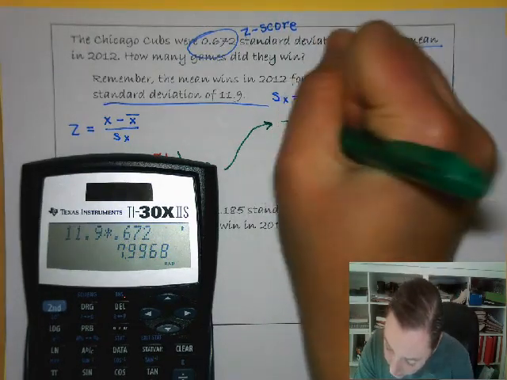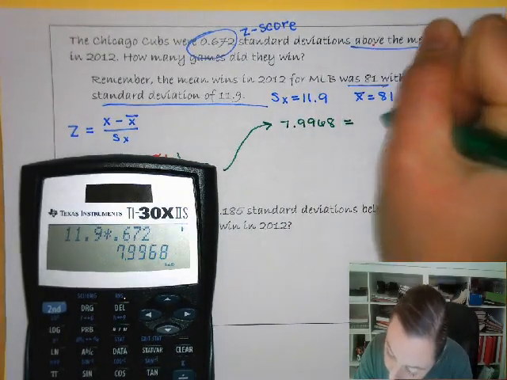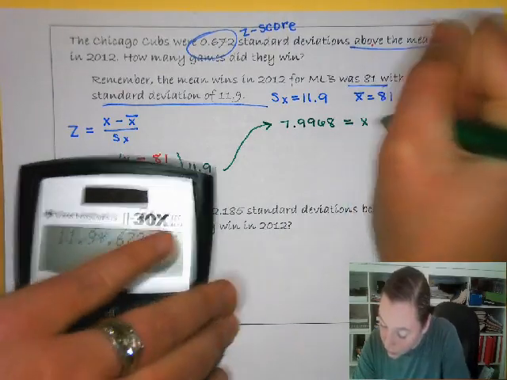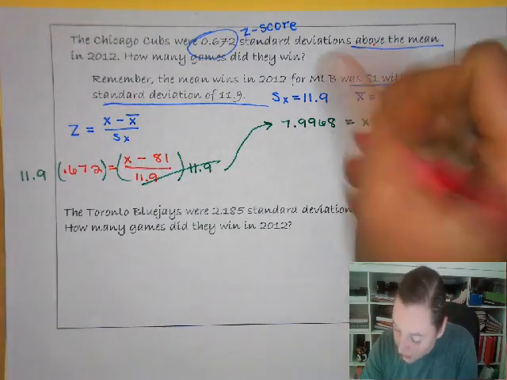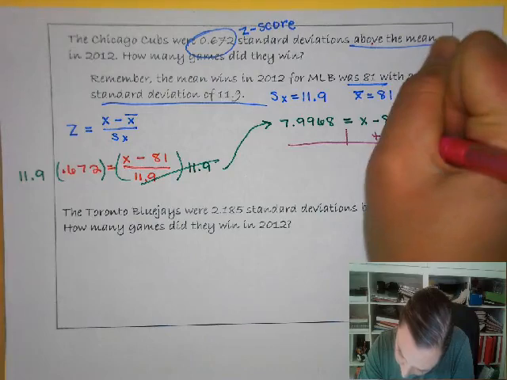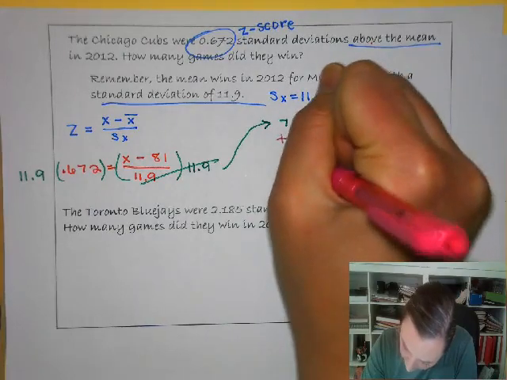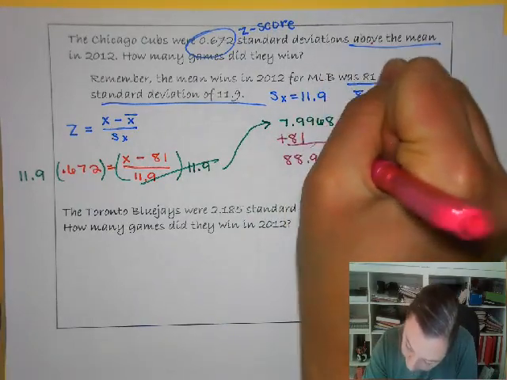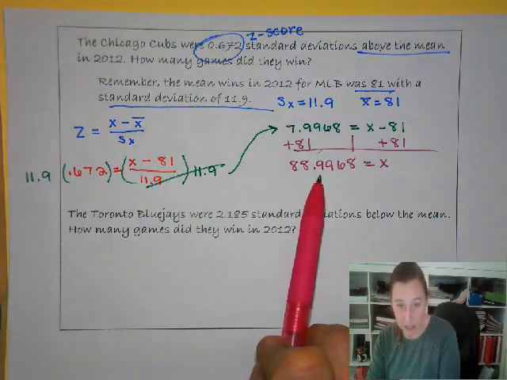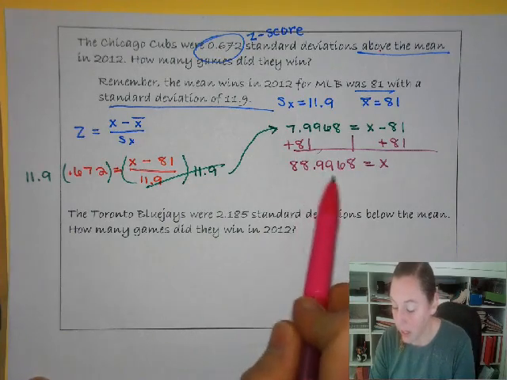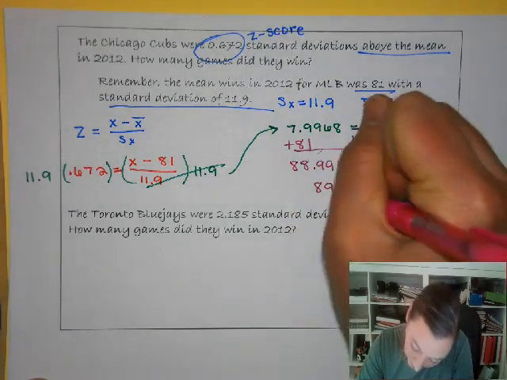Since that's not my final answer yet, I'm going to keep all of the decimal places, and that's equal to x minus 81 because those cancel out. And then I would add the 81 to both sides, which would give us 88.9968 for x. Now obviously the Chicago Cubs could not have won 88.9968 games, and since 0.9968 would round up, we would say they had 89 wins.